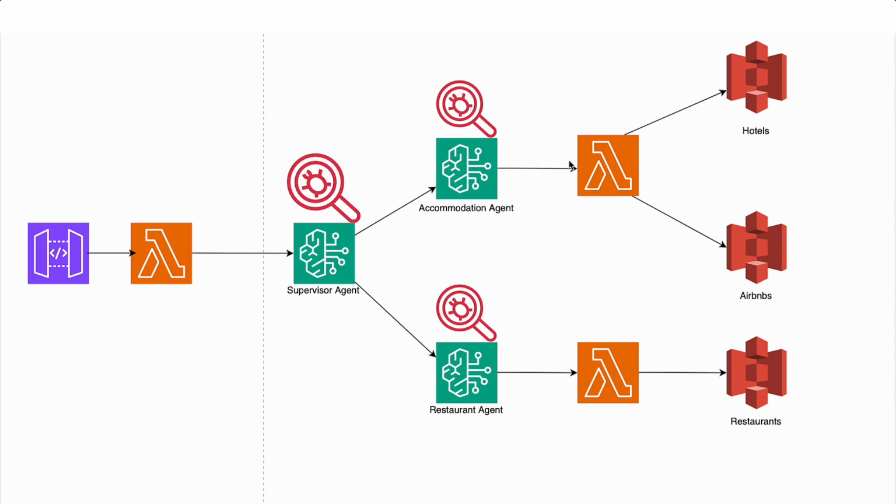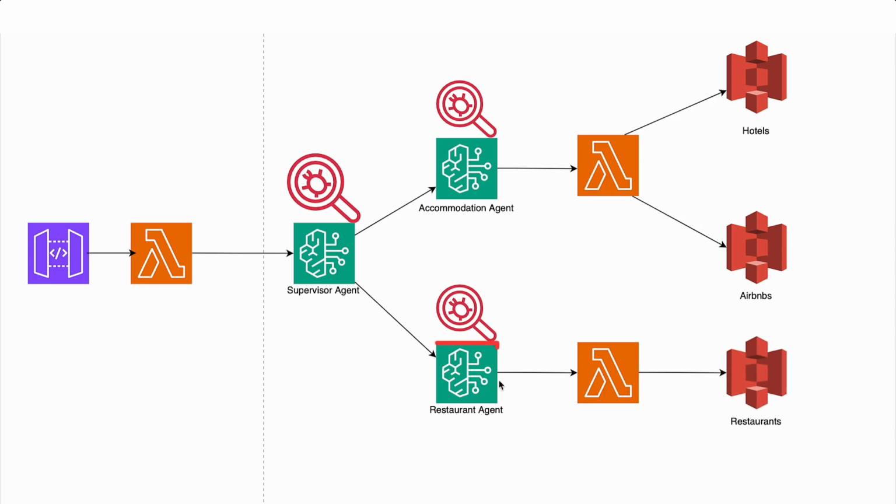So that's why the accommodation agent is unique, because it's going to know which function to call within the Lambda function, whether to retrieve hotels or Airbnbs, okay? Again, if the user wants to go to a restaurant, the supervisor agent is going to pass the information down to the restaurant agent. It's going to set up the appropriate search criteria and search filters, and then it's going to retrieve all the information from AWS S3.